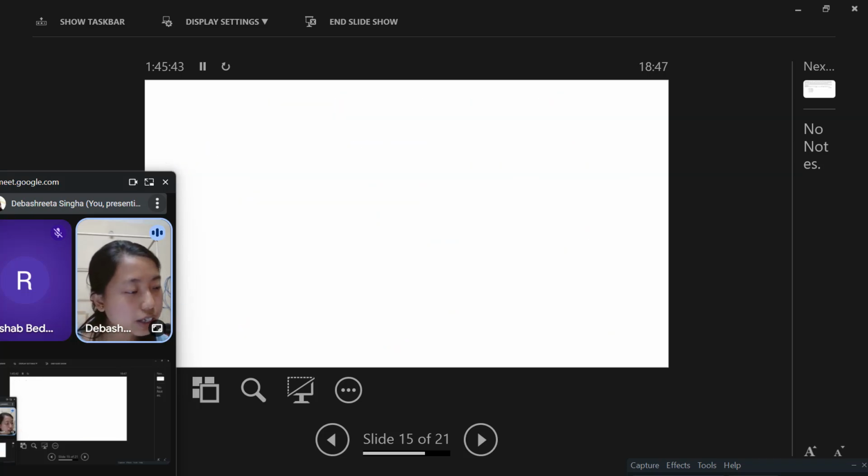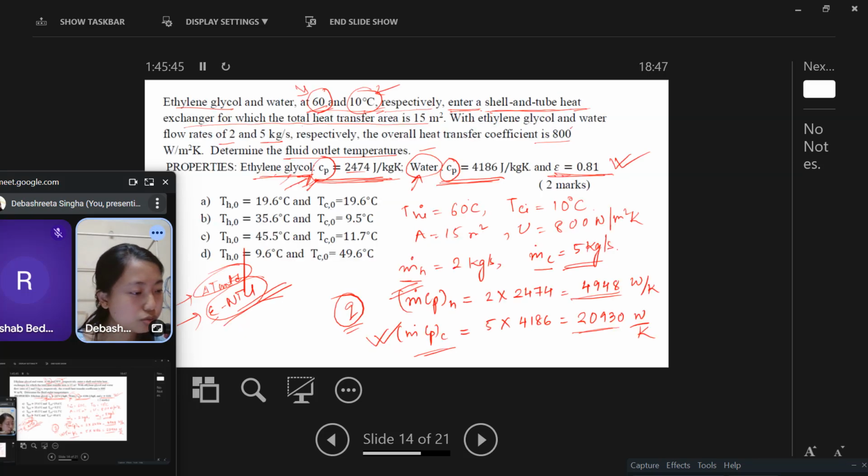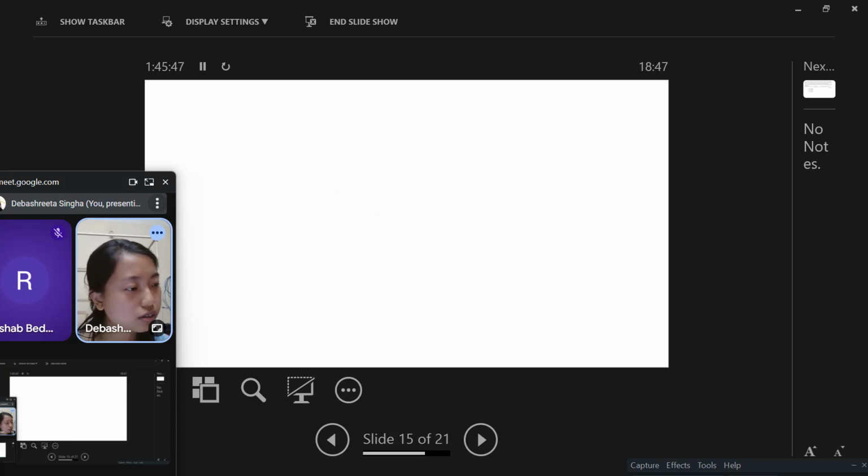So in the NTU method, you have to find a capacity ratio, a parameter, which is given by m dot Cp min divided by m dot Cp max.